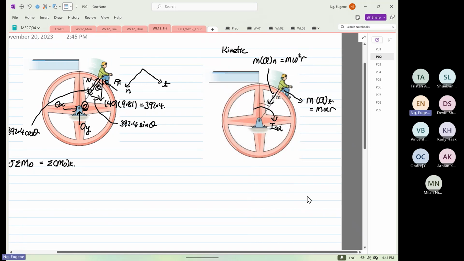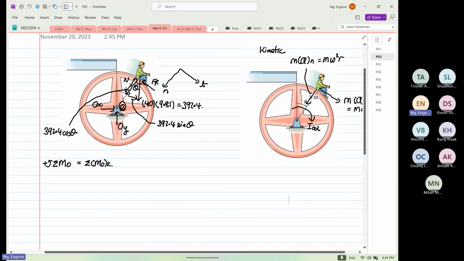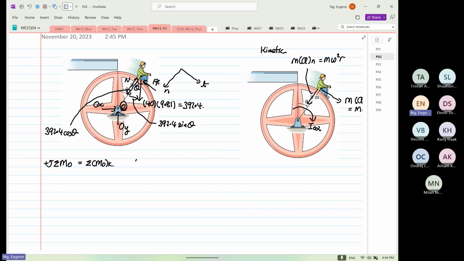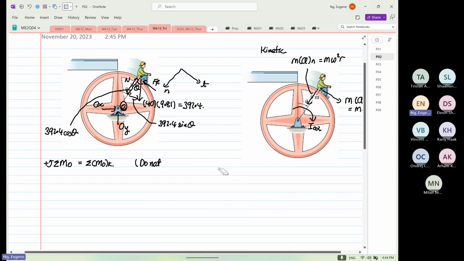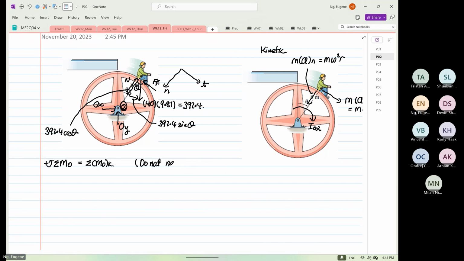This is the only case I've seen after doing so many examples where we take moment at point O, so that we do not need to consider the reactions OX and OY.